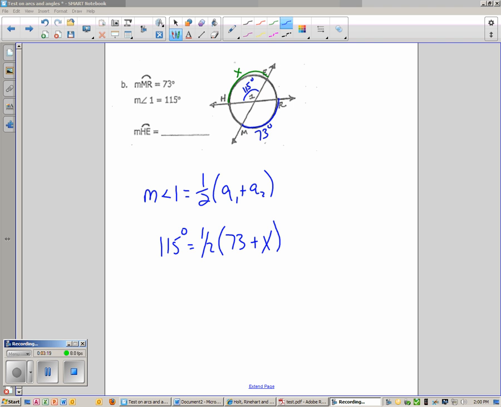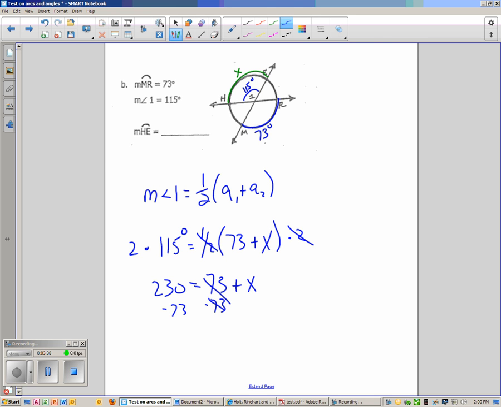And when I do that, I'm going to end up with 230 is equal to 73 plus x. To isolate the x, I'm going to subtract 73 from both sides, canceling that out, and 230 minus 73 gives me 157, which is equal to the arc that I am looking for. So that's how you did 1B.